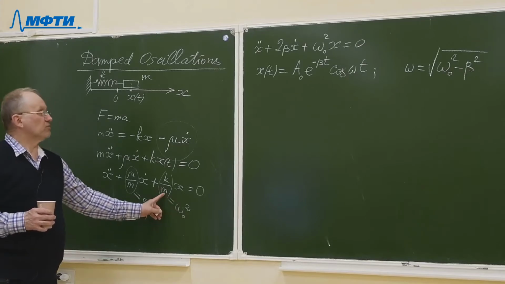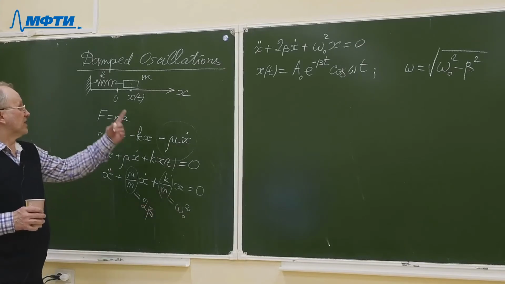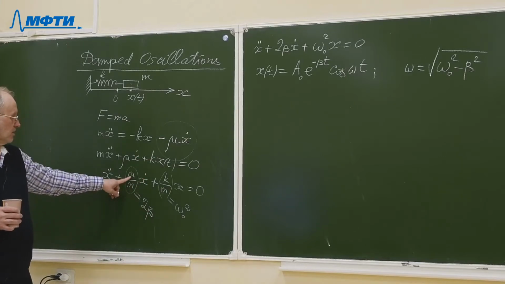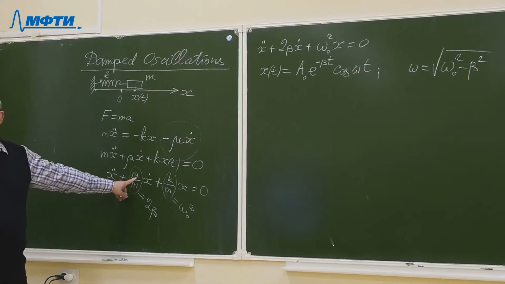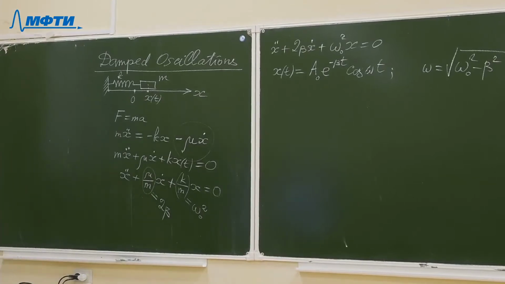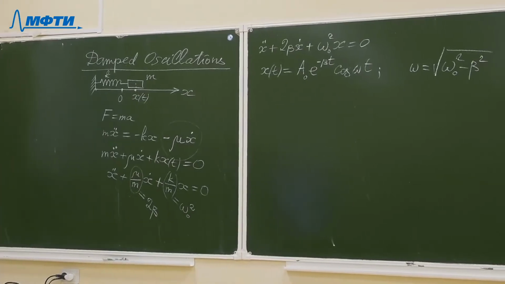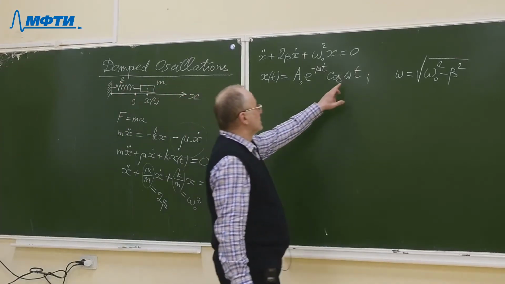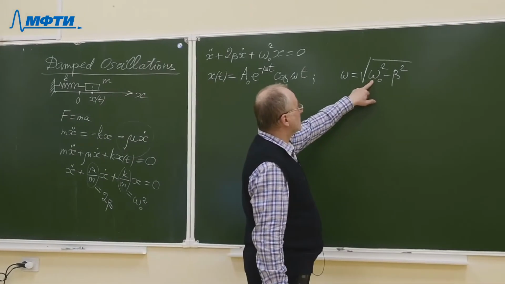This is omega 0. And beta is the coefficient proportional to air drag. Then the body will oscillate with some frequency which differs from its own frequency, omega 0.